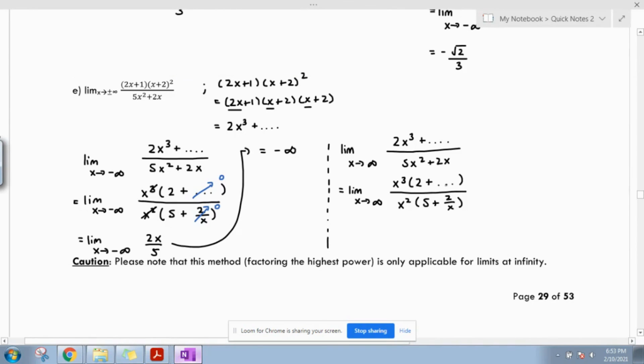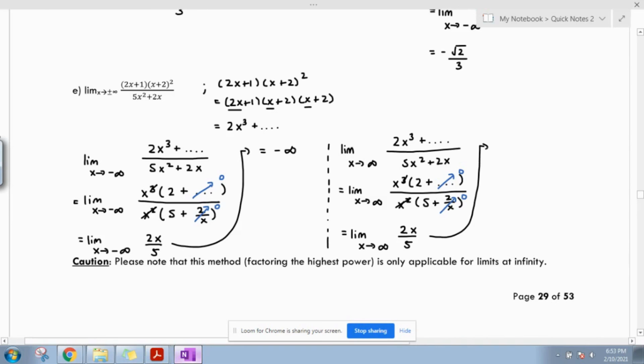Again, we already know everything at the back here is automatically going to go to 0. 2 over x is also going to go to 0. And then x³ and x², they reduce. And then I will be left with the limit as x approaches infinity for 2x over 5. Again, I want you to think about this.